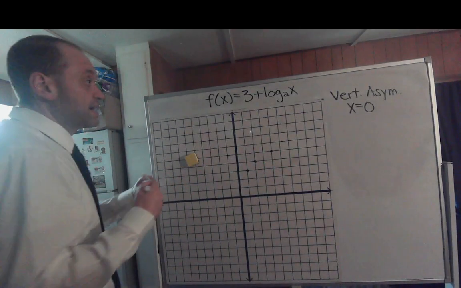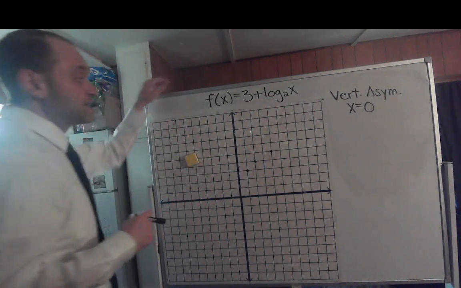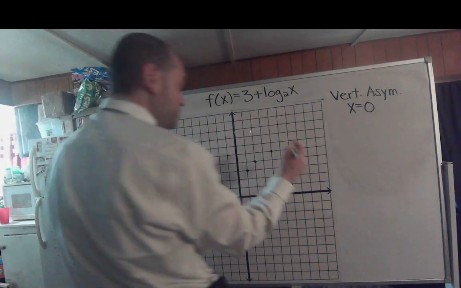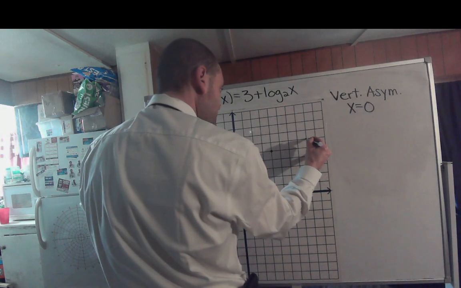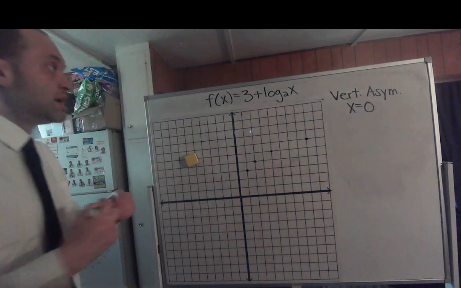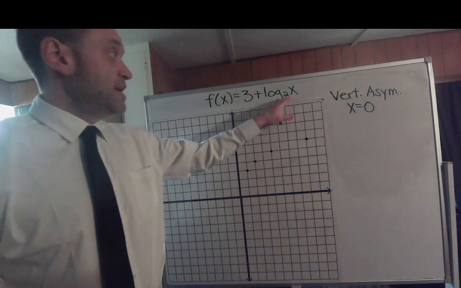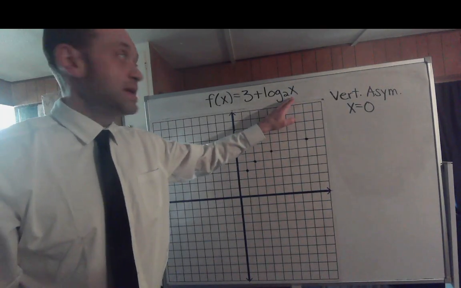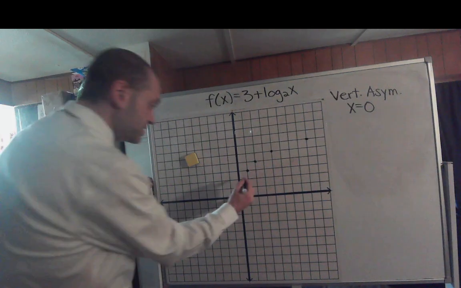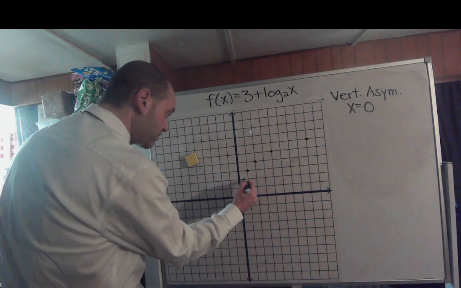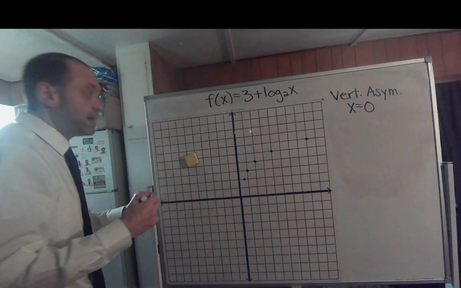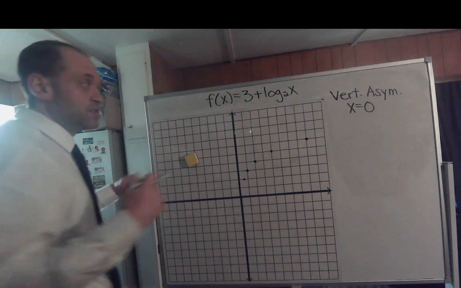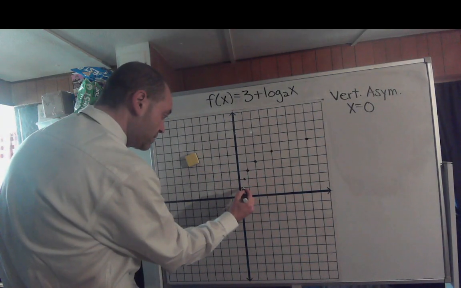Then let's make x 8, alright, so log base 2 of 8 is 3, plus 3 is 6. Now, let's do log base 2 of 1/2. Well, that would be -1. 3 minus 1 is 2. Now, what about log base 2 of 1/4? That would be -2. 3 minus 2 is 1.